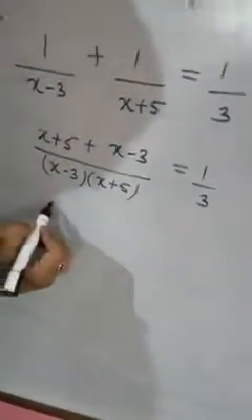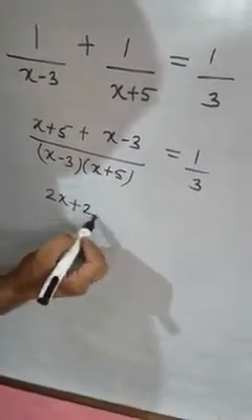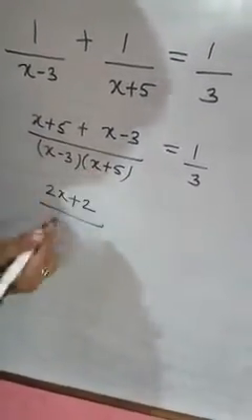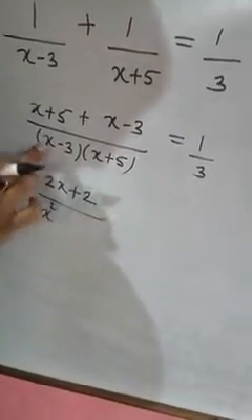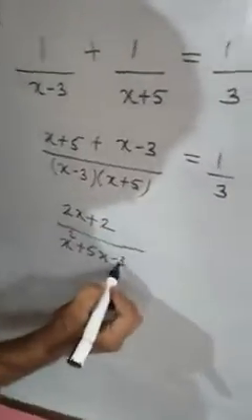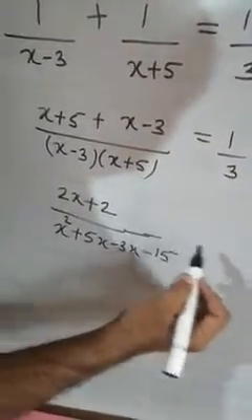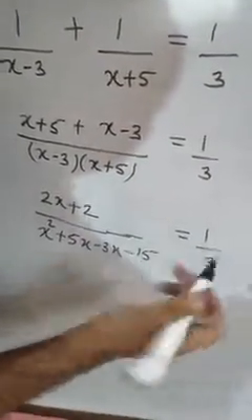So x plus x, 2x. 5 minus 3, plus 2. x into x, x square. x into 5, 5x. Minus 3 into x, minus 3x. Minus 3 into 5, minus 15, equal to 1 upon 3.